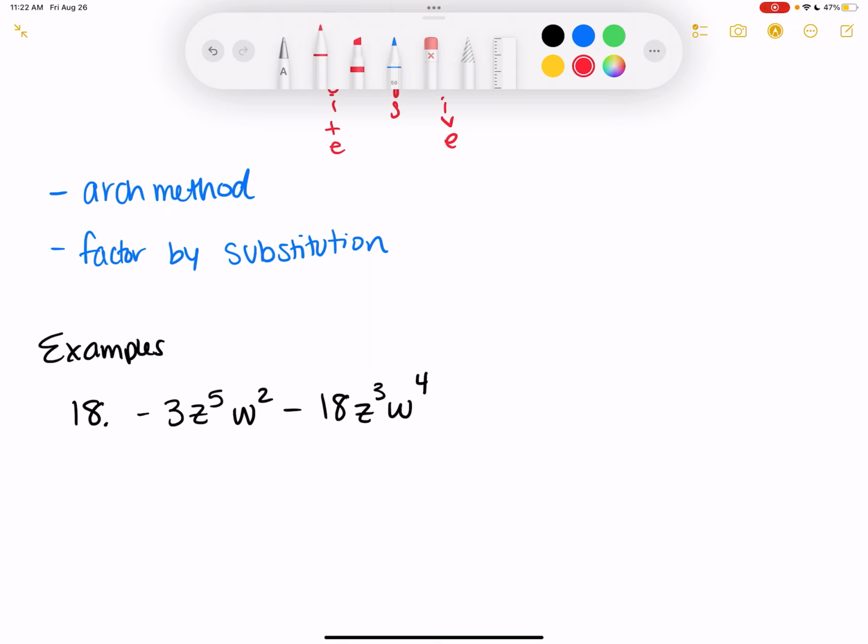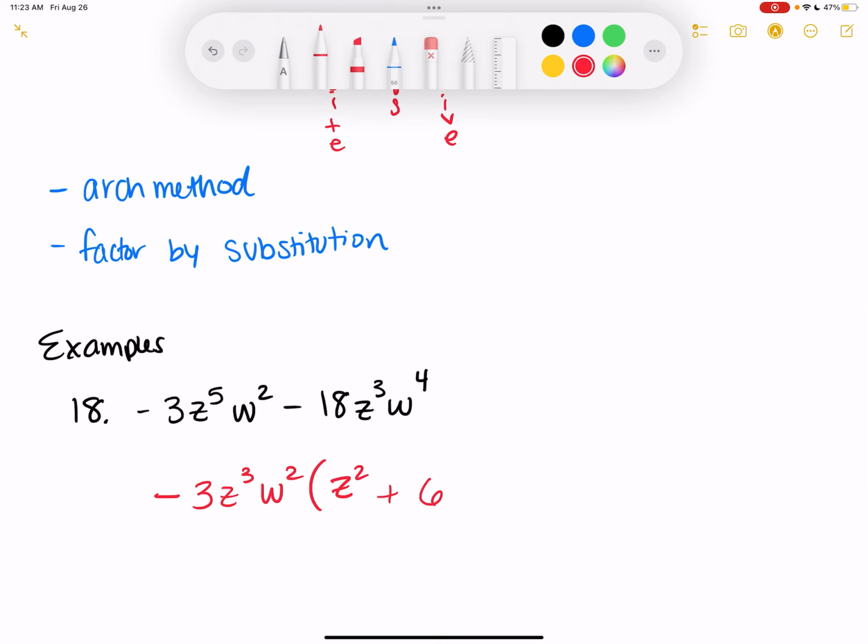What is the greatest common factor that I can take out? 3z cubed w squared, and a negative sign. So negative 3z cubed w squared, and then what does that leave me with? It leaves you with 6z squared, minus 6. No, plus 6.